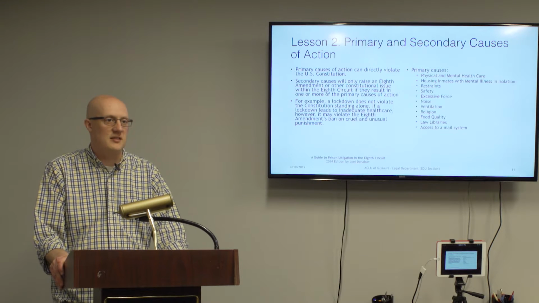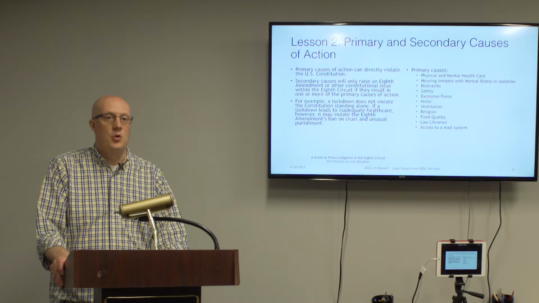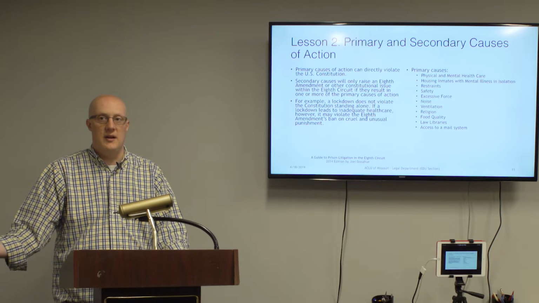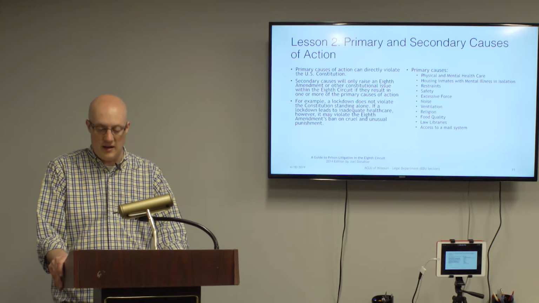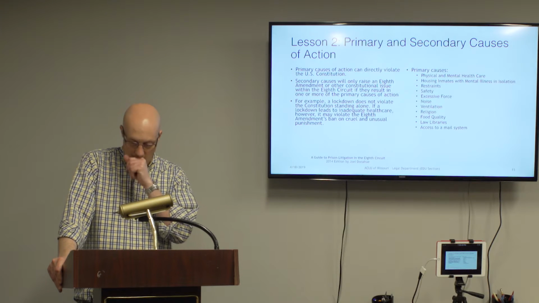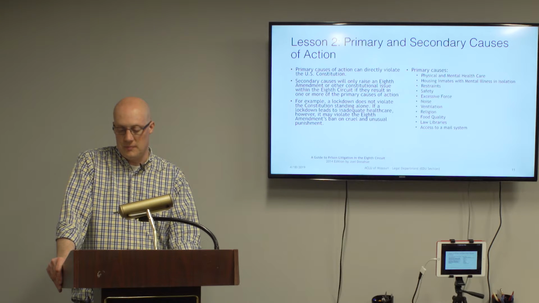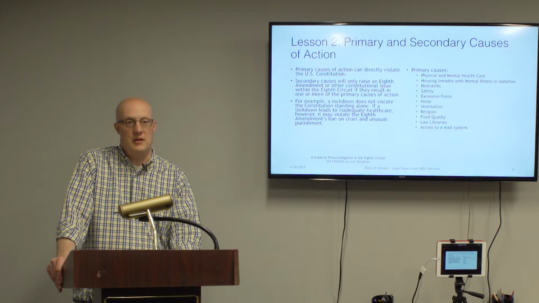This is a balancing test as well. The cost of more hearings may be enough to not allow a due process claim here if the right infringed upon is low.